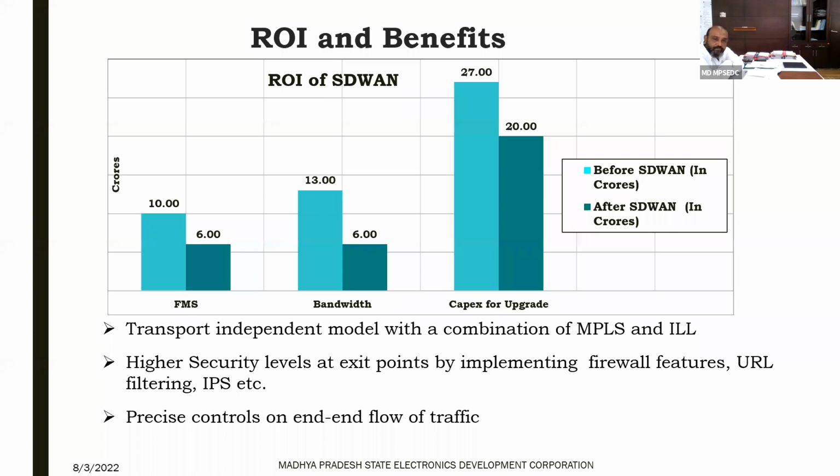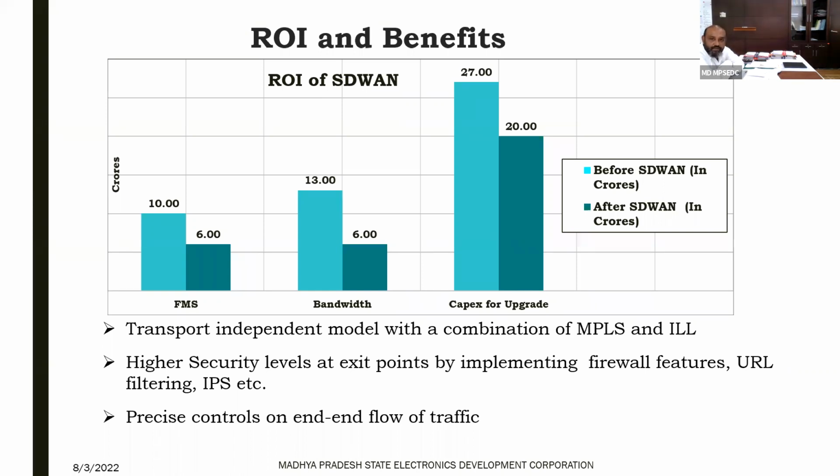The bandwidth cost, which was exponentially high, 13 crores, has been drastically reduced to 6 crores per annum by the use of the deployed technology. Earlier we were using lesser bandwidth circuits, and now we have deployed higher bandwidth circuits for providing connectivity to all of our POPs, which translates into higher bandwidth for all of our government offices, our clients basically.